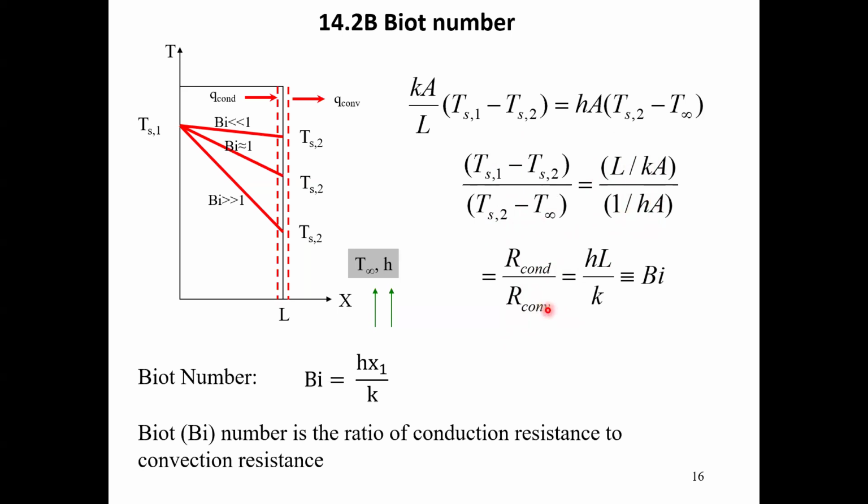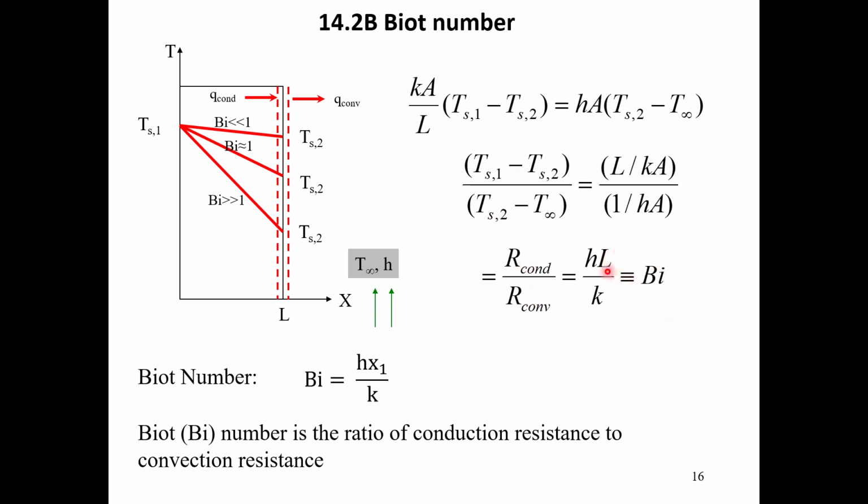This term dictates how this slope is going to be, whether heat transfer via conduction or via convection is the one that is controlling. Now we call this ratio the Biot number, hL by k.